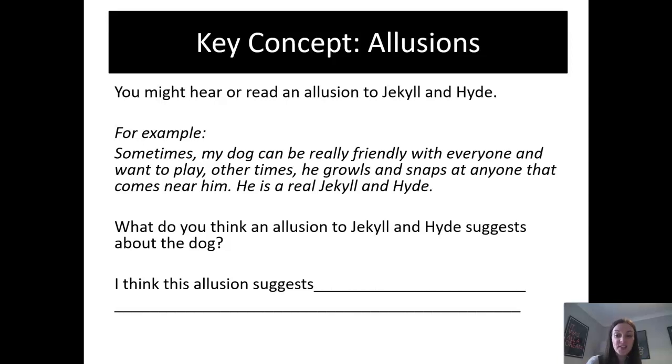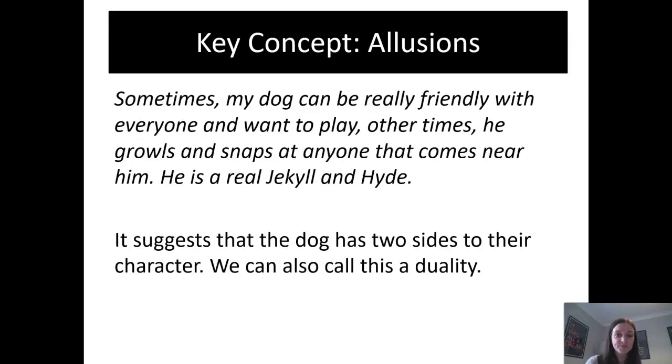So this idea that it switches between two very different sides of itself seems to be what is conveyed in this Jekyll and Hyde metaphor. This idea of switching between your good and bad side, and how also those two things might be combined in the one creature, in this dog. So it suggests the dog has two sides to its character, and we call this a duality.